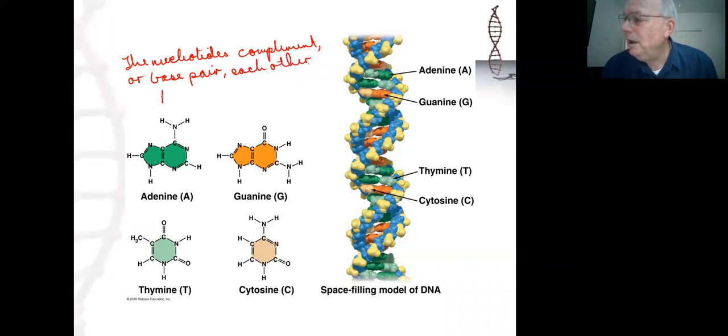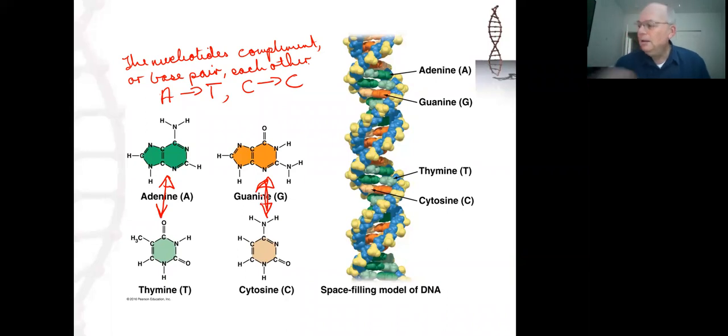And so A pairs to T and C pairs to G. So these 2 form a pair and these 2 form a pair. And that's an important understanding of the nature of the DNA molecule. It also tells us something about how we can copy the DNA molecule.